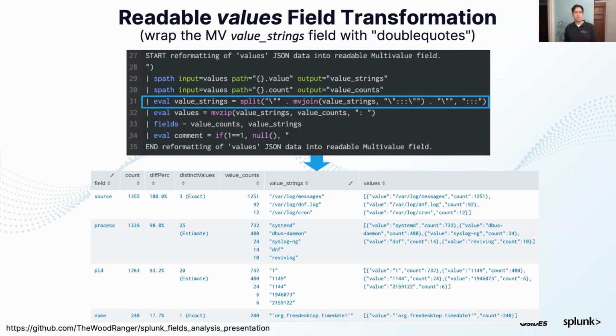Here, because mvjoin is inside of the split function context, we're able to use a triple colon delimiter to concatenate each value together, also adding our double quotes, and then convert it back to the multi-value field by using that triple colon split. I chose triple colons because that sequence is typically rare, at least in my experience, and unlikely to be found in our value strings natively.